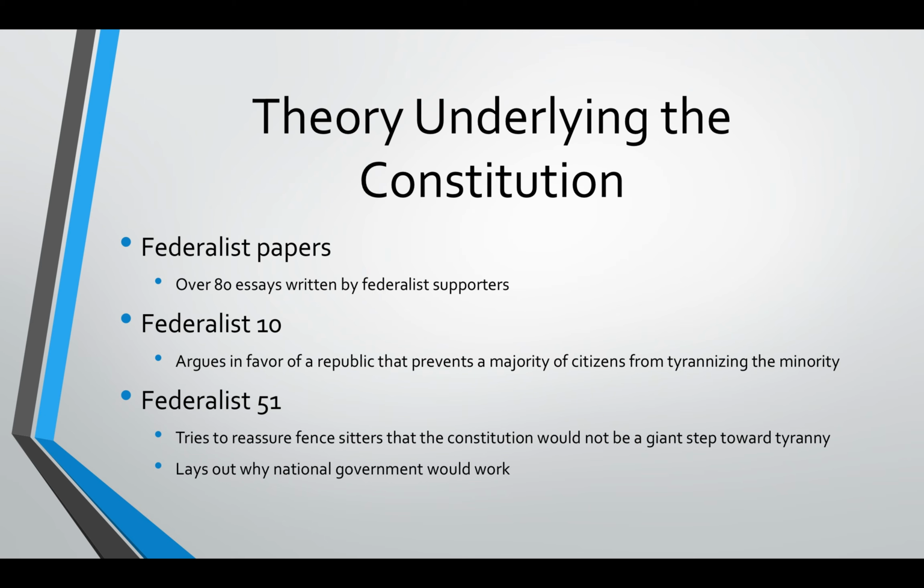Factions were defined as a number of citizens, whether accounting to a majority or minority of the whole, who are united and actuated by some common impulse of passion or of interest, averse to the rights of other citizens or to the permanent and aggregate interests of the community. Madison argued that the national government would be less susceptible to the influence of factions than state governments because representatives would be forced to moderate their views.